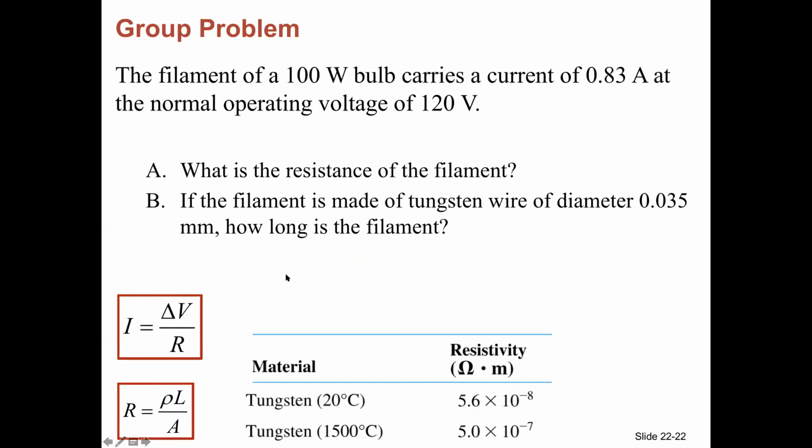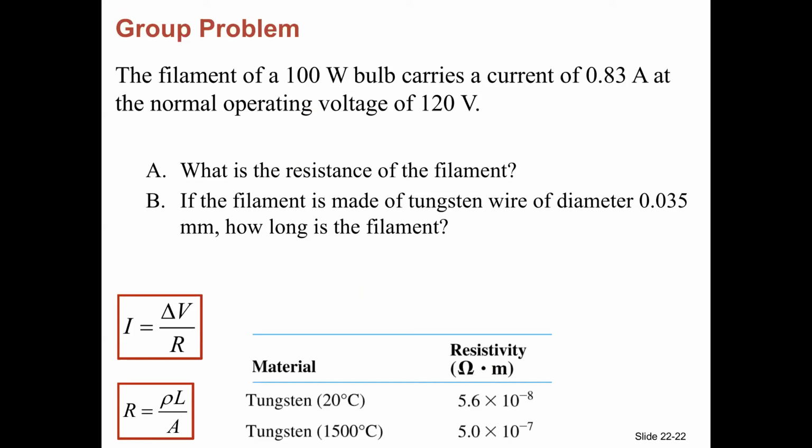Let's go back to this tungsten. Brody's question led into this next problem I have for you guys. Here I give you some ideas of some numbers for a light bulb. We're going to pretend that household electrical current is just normal, straight current.